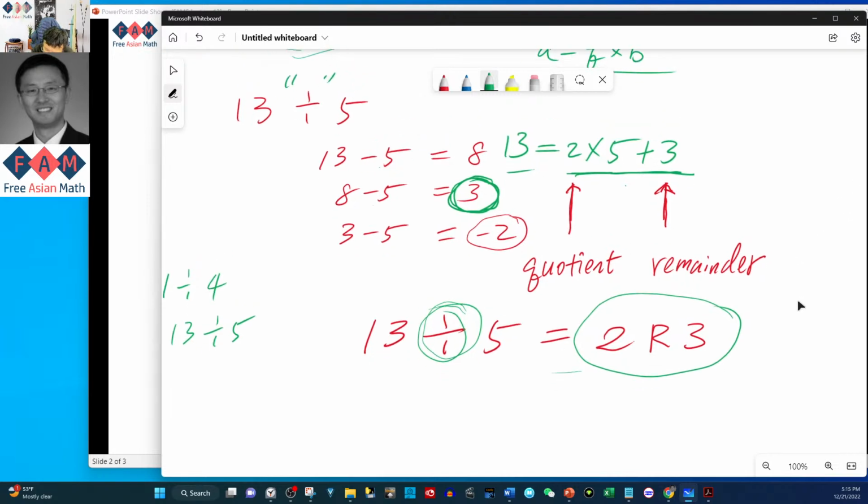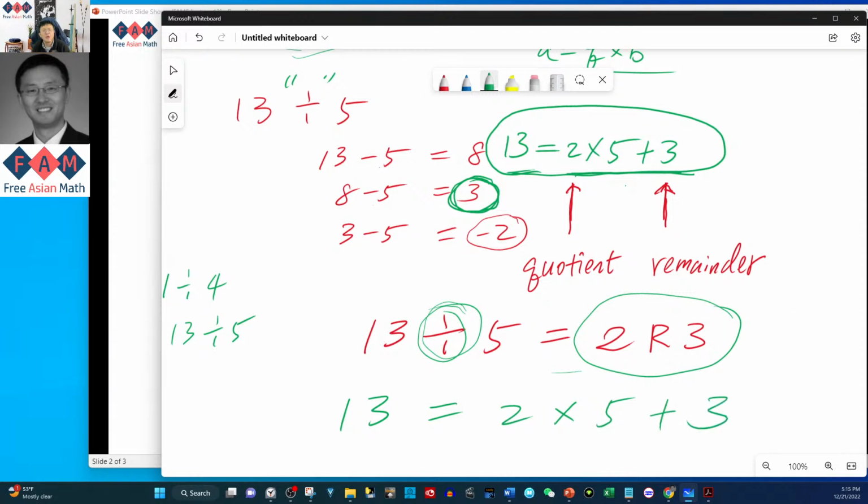We will have to use this expression to tell the fact that we are doing division with remainder. So this is actually exactly what we need to express the idea of division with remainder.